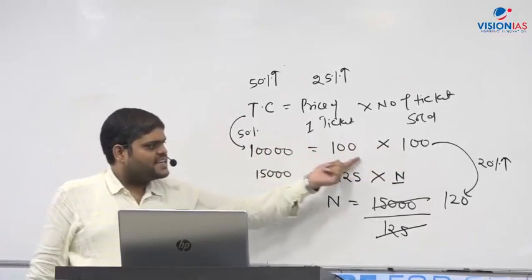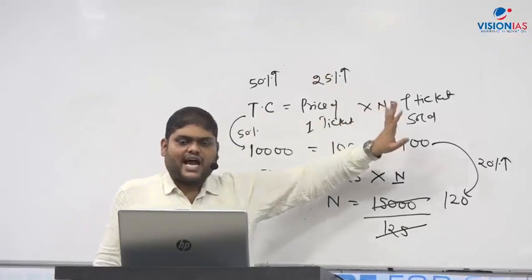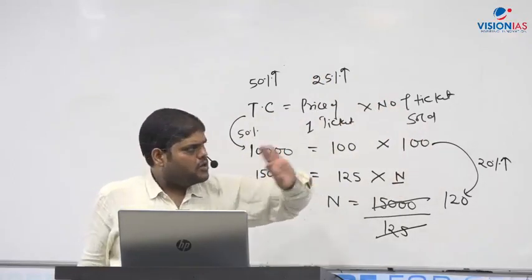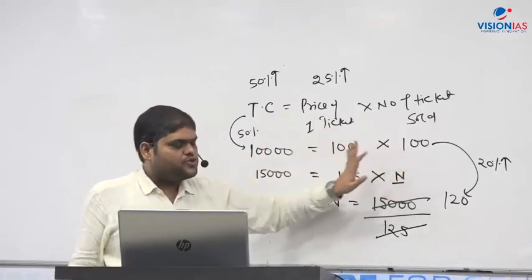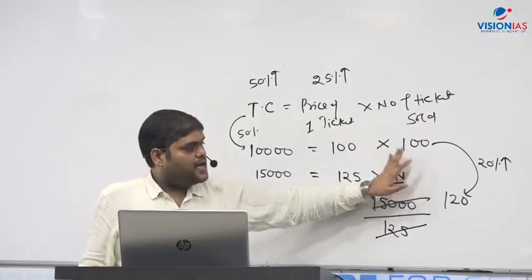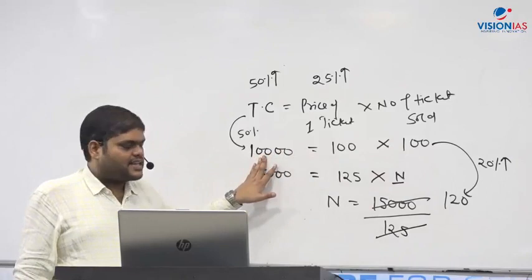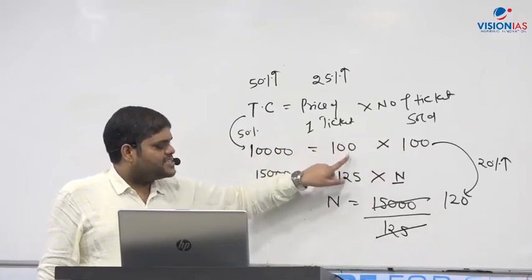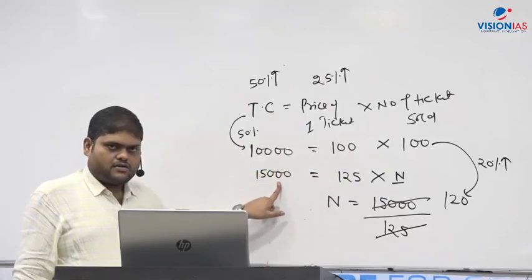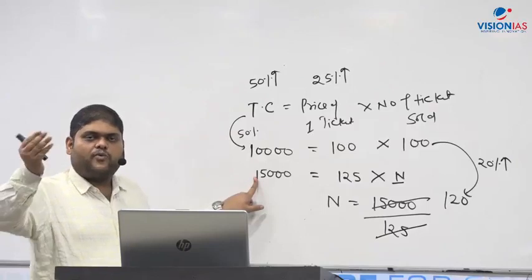You can take 10, 10, anything you can take, because everything is given in percentage and the final answer is also in percentage. So you can take 100, 100, or 10, 10 according to your conviction. This becomes 10,000. Now this is increased by 25% and this by 50%. 50% means it increased by half. Anything was 1, now it becomes 1.5.